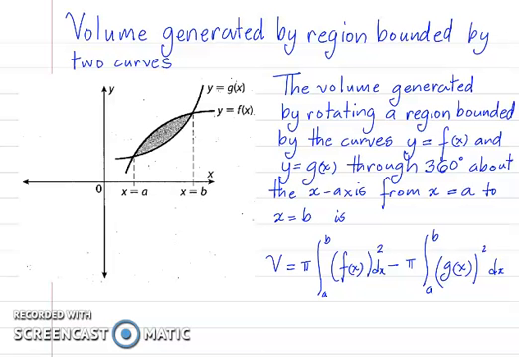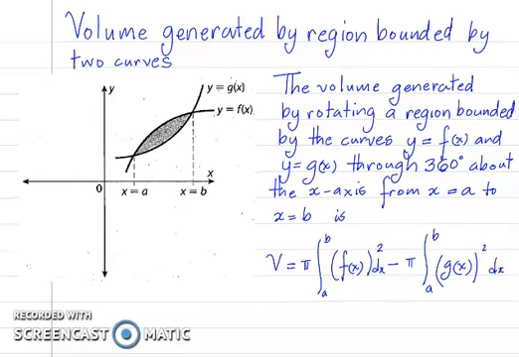So it's the volume of solid of revolution of the higher curve minus the volume of solid of revolution of the lower curve. Let us see this in action.